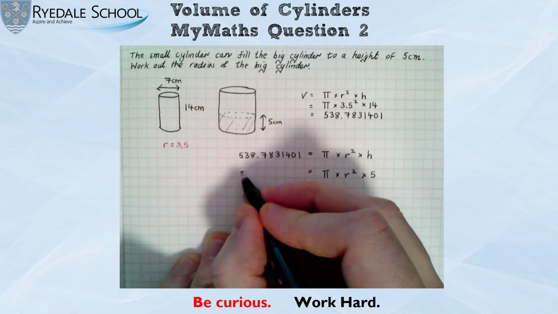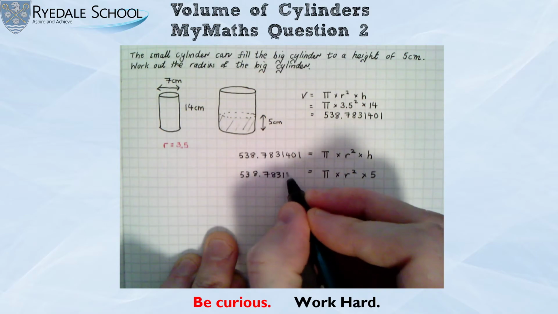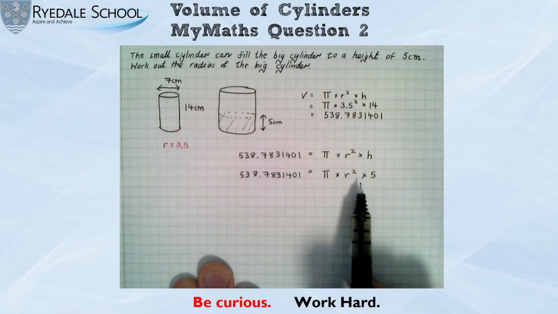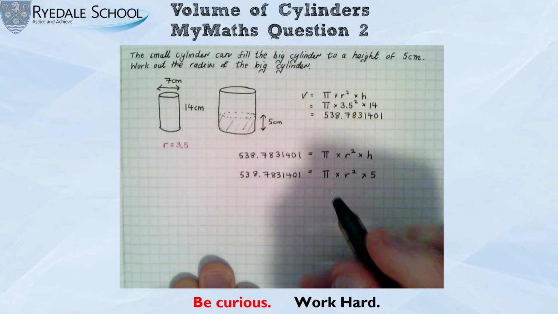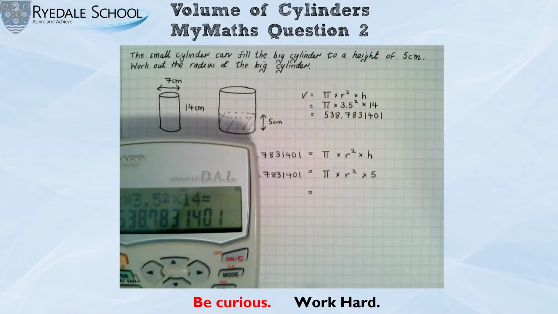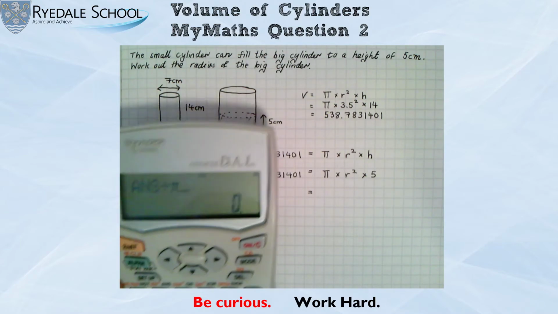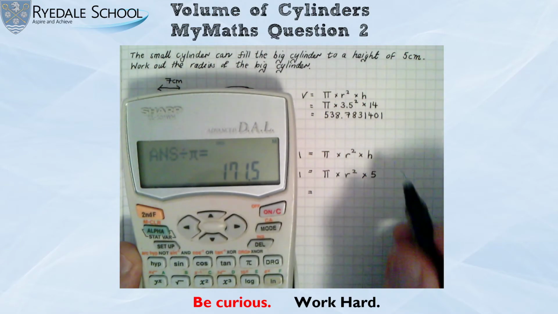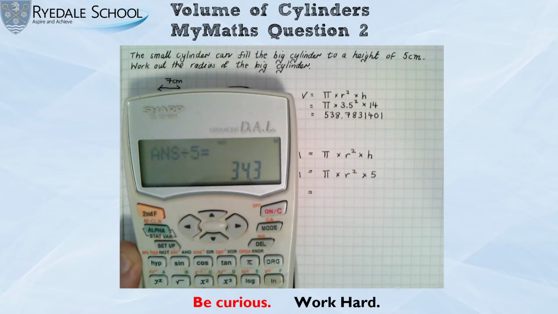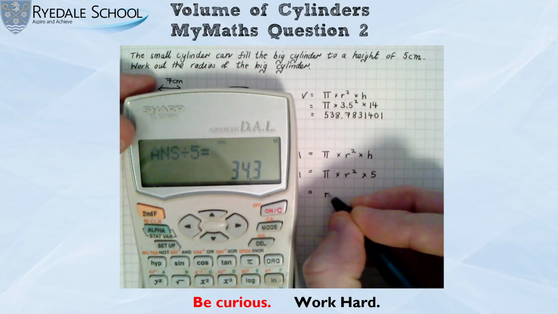And again, it's this lovely 538.783141. So, just like before, I'm going to use some inverses to see if I can get the r squared by itself. So, I'm going to divide by pi. I'm going to try and be cheeky and do it in 2 steps. And I'm going to divide by the 5. I could do that as 2 separate lines, but like I say, I'm going to save a little bit of time.